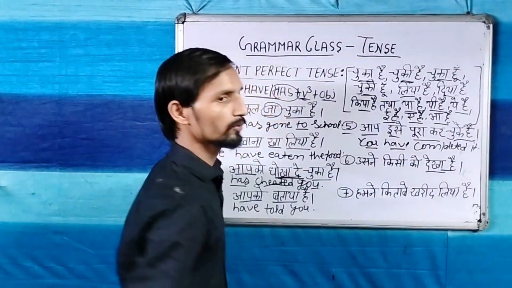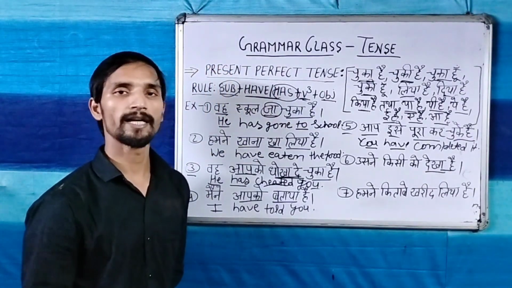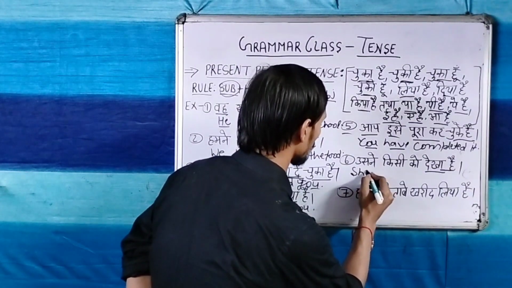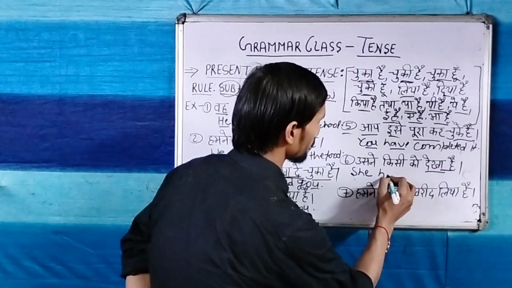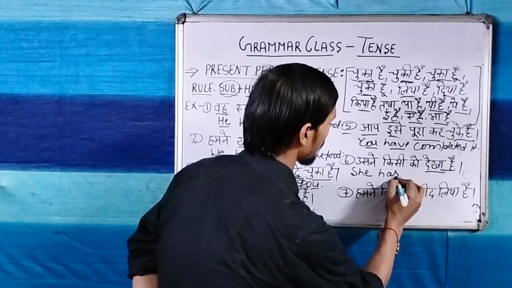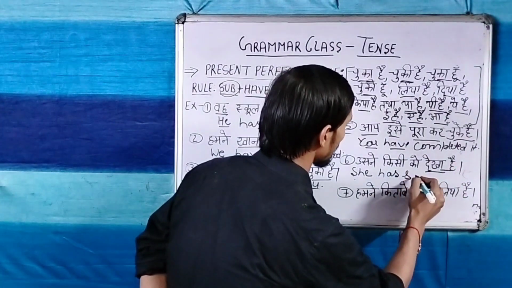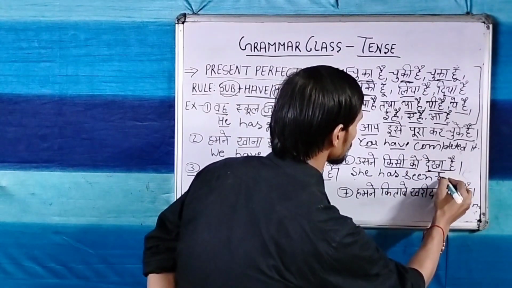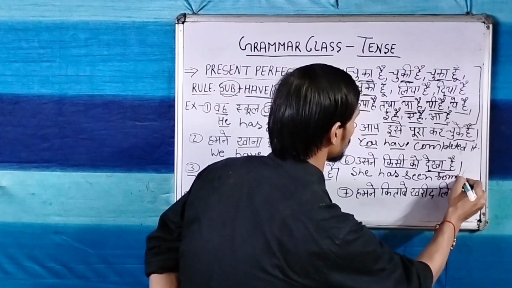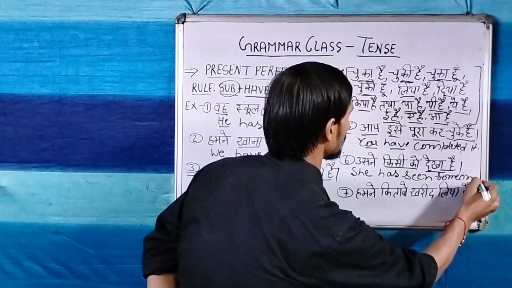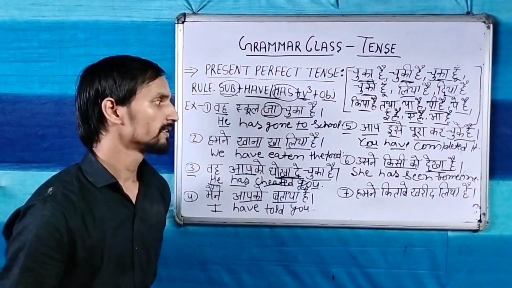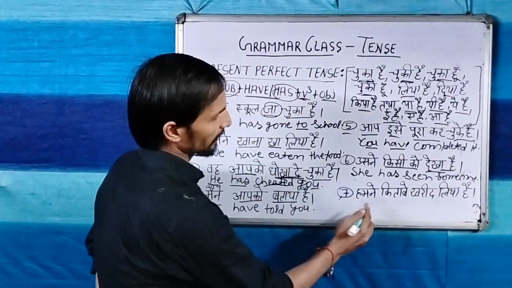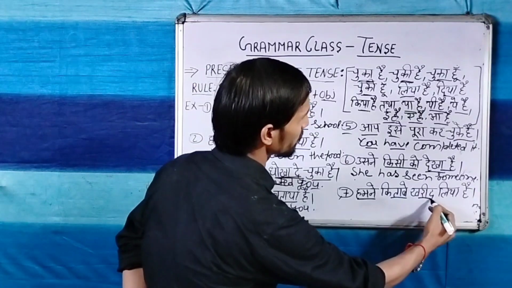For the word उसने you can take as a subject he also and she also. So I am going to take here she, and with subject she, helping verb has, देखना see, and third form seen. किसी को is someone. She has seen someone.